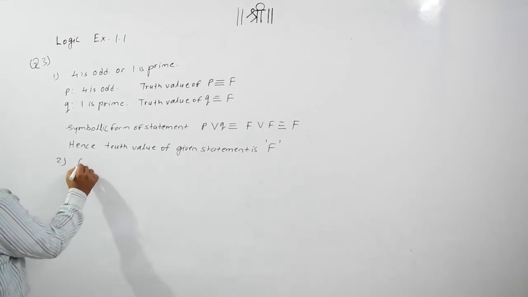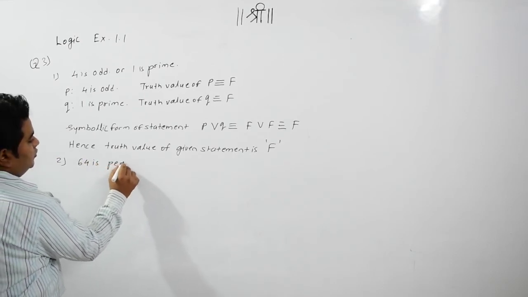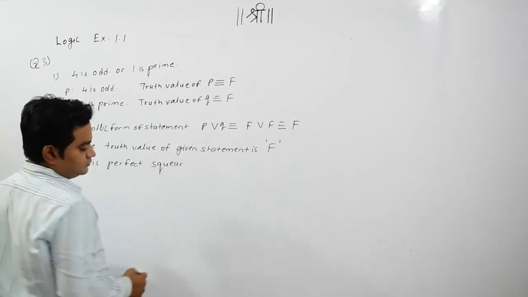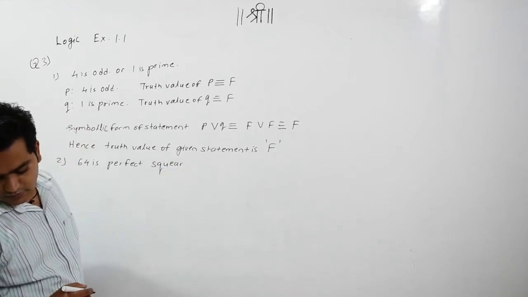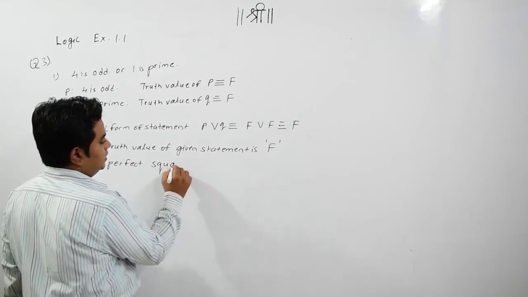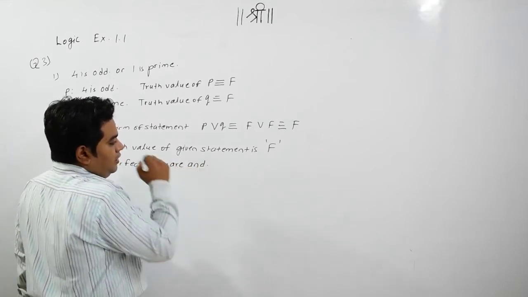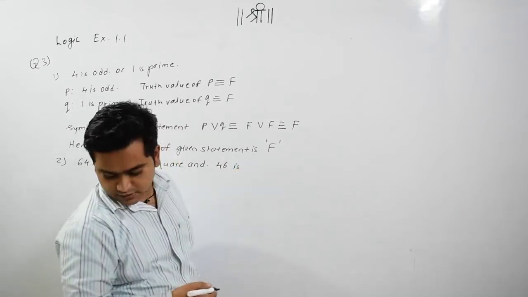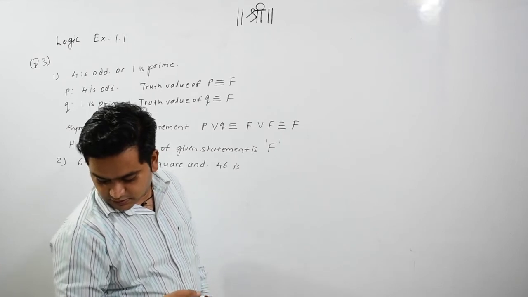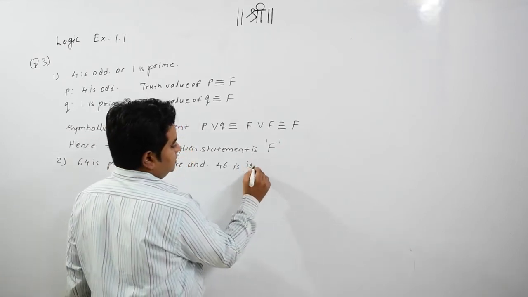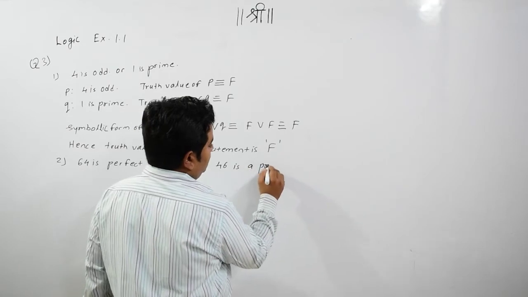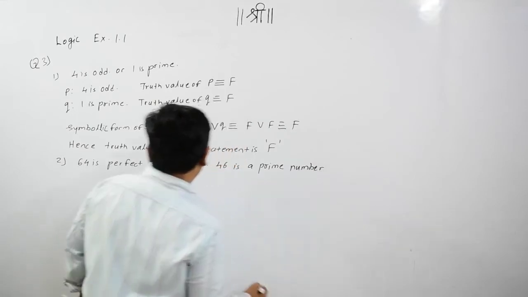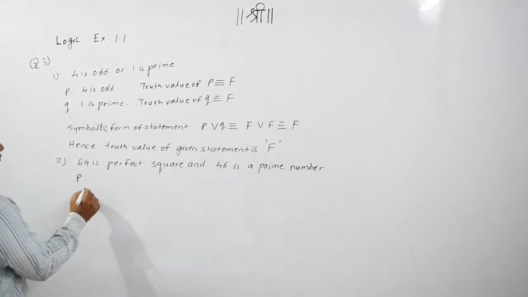So the second question: 64 is a perfect square and 46 is a prime number. Okay, so we know that P is what?